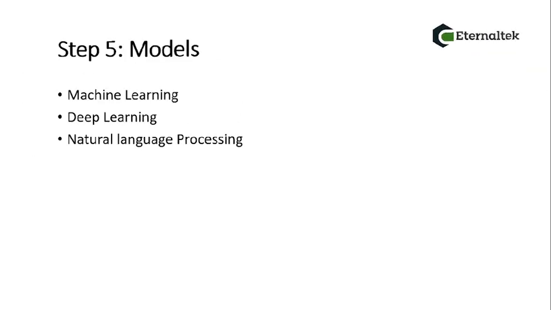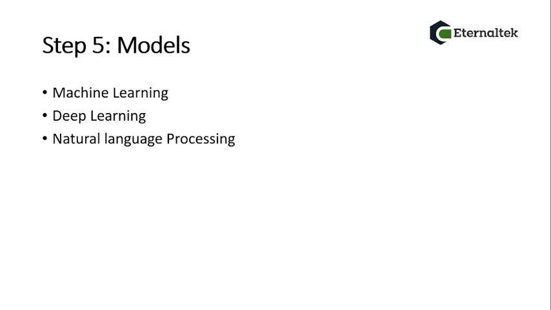The next and most important step, step number 5, is models. Up to now we have learned gathering the data, cleaning the data, and data analysis. Now we need to build a data science model using machine learning, deep learning, natural language processing, and computer vision. In machine learning, there are linear regression, logistic regression, decision tree, random forest, KNN algorithm, K-means clustering, SVM, SVR.